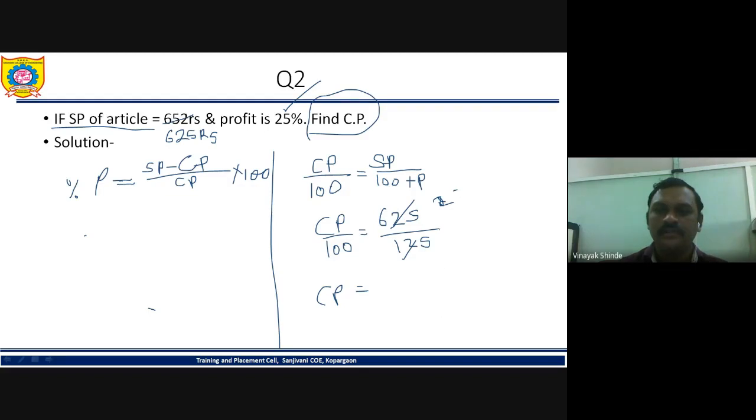If you divide this by 5, then 25 at the denominator, 125 at the numerator. So 125 divided by 25 is 5. So cost price is equal to 5 into 100.